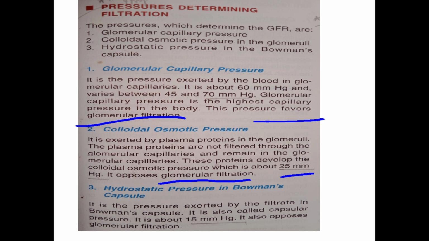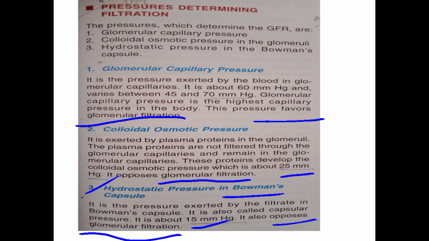Then hydrostatic pressure in the Bowman capsule. The filtrate goes into the Bowman capsule, where there is a pressure of about 15 mmHg. This also opposes glomerular filtration.